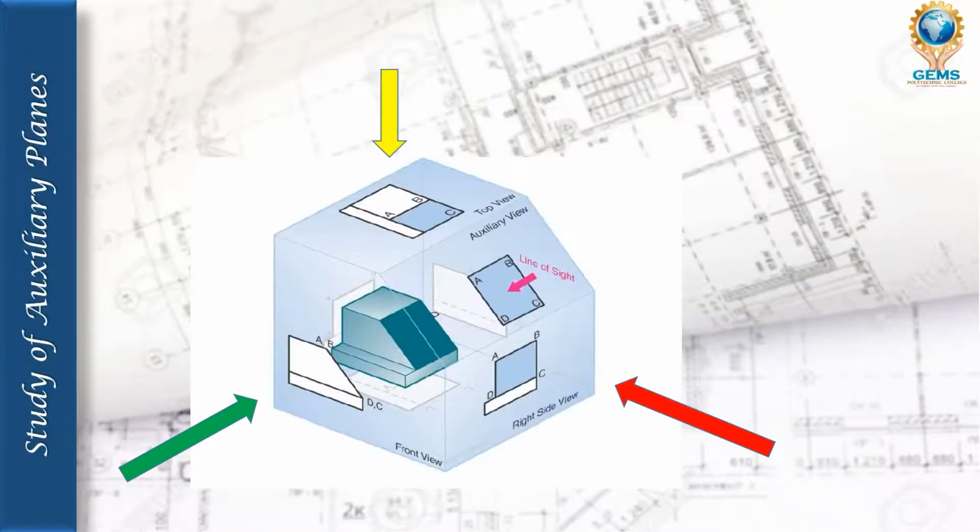Again, there is an object here. If you see at the center, in blue color, this is an object. For example, I took this object. So if I see from the front, from the right side, and from the top, and what about the auxiliary, these drawings are given here.